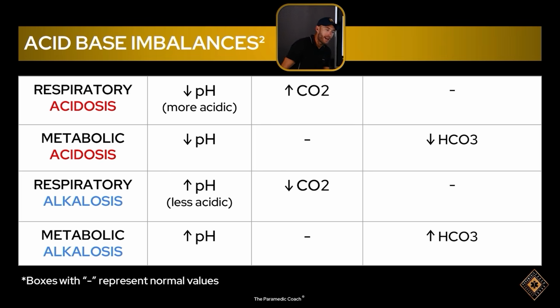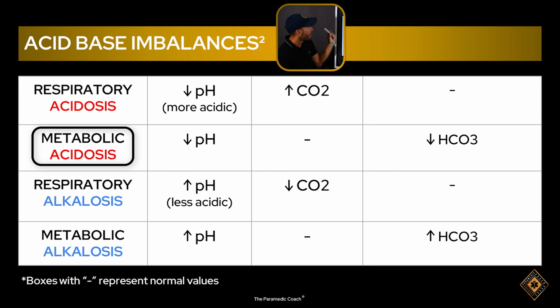So if we retain too much CO2, I end up in a respiratory acidosis. What about a respiratory alkalosis? The complete opposite. That's caused from hyperventilation. What about metabolic acidosis? DKA. Oh, that's DKA. Okay, got it.